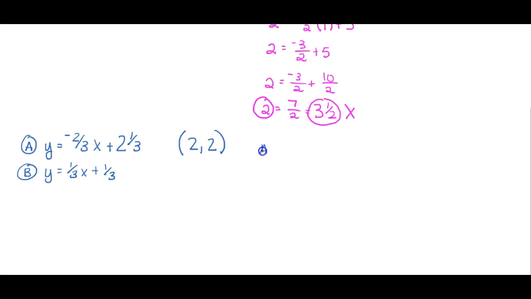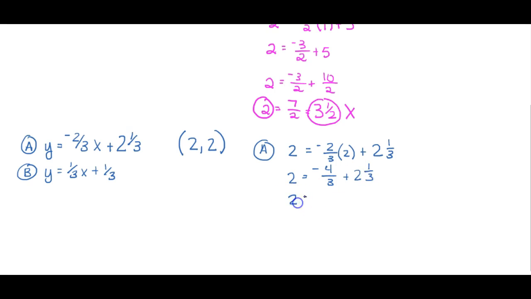So let's look at equation A first. In place of y, we're going to put in 2. So 2 equals negative 2 over 3 times 2 plus 2 and 1/3. So 2 equals negative 4 over 3 plus 2 and 1/3.